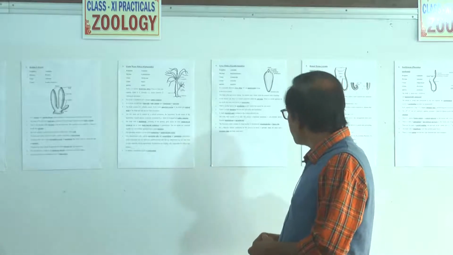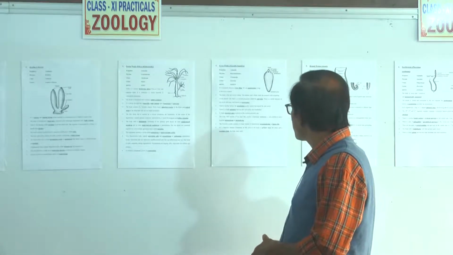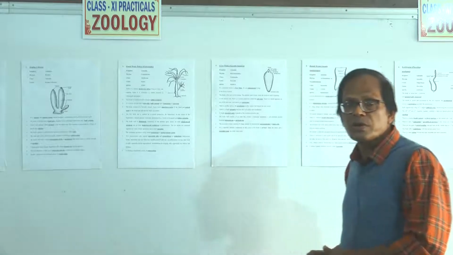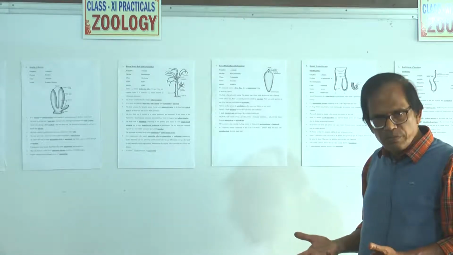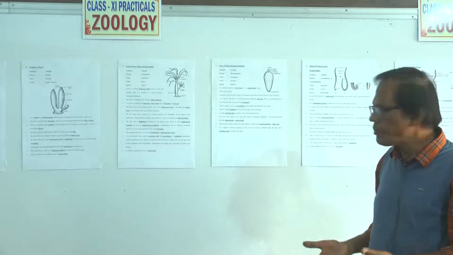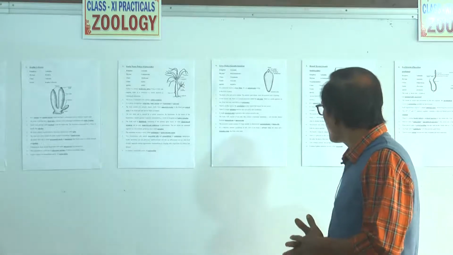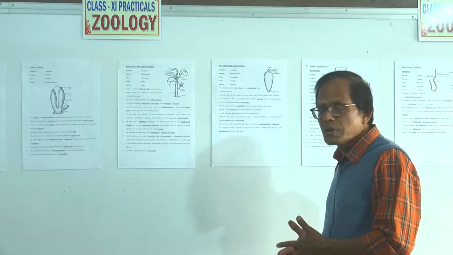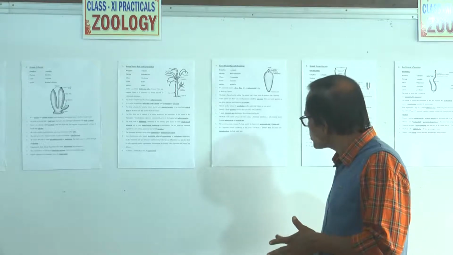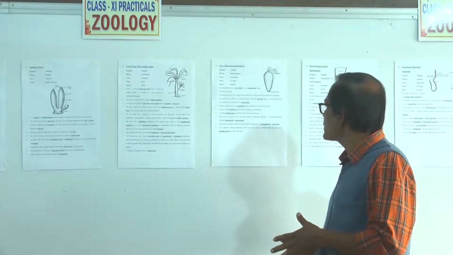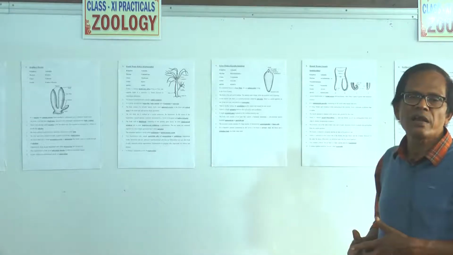Fasciola hepatica is a digenetic parasite completing its life cycle in two hosts. There will be a primary host, here the sheep, and a secondary host, the freshwater snail.